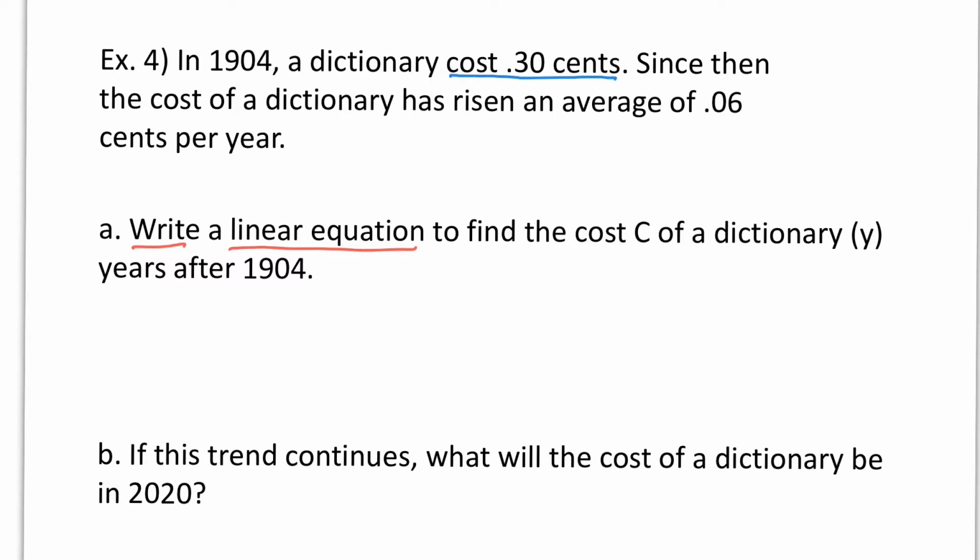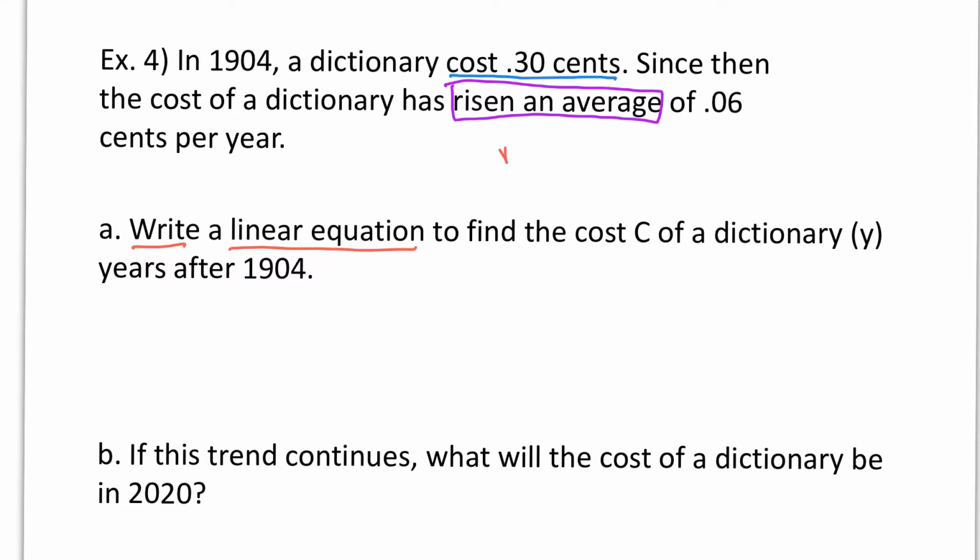And since then, the cost of the dictionary has risen an average. Now that's a key word, average, to help you guys understand what that is. When it's risen, or maybe fallen, decreasing, or maybe increasing, that's your slope. It's increasing by a fixed amount.